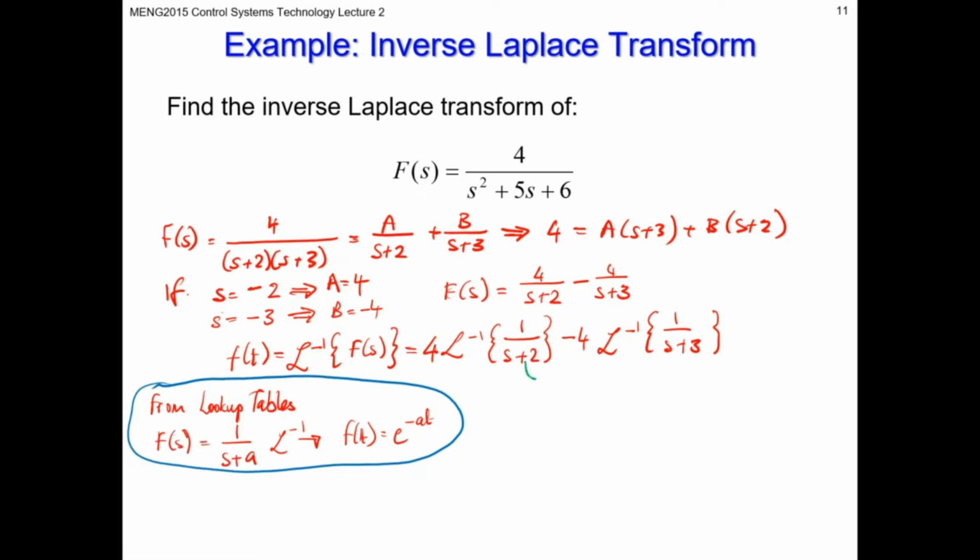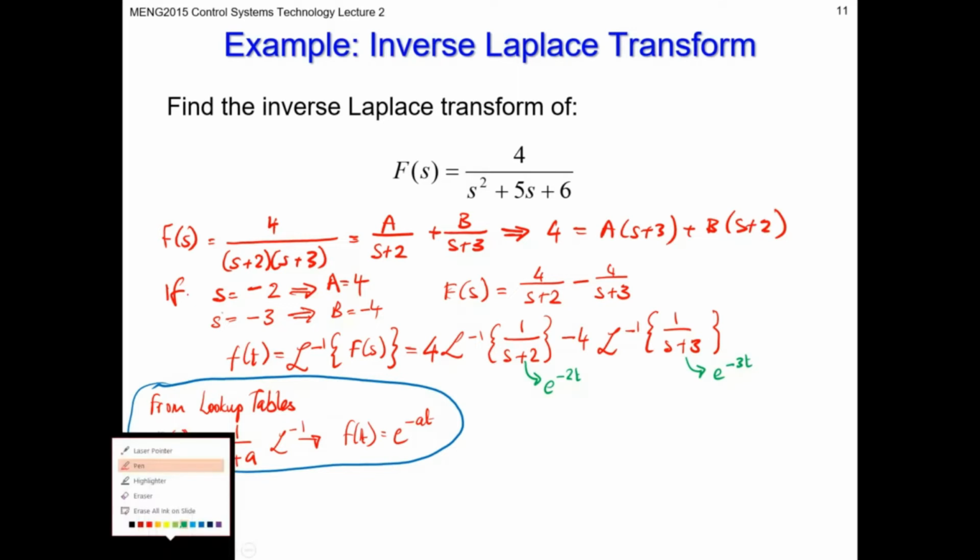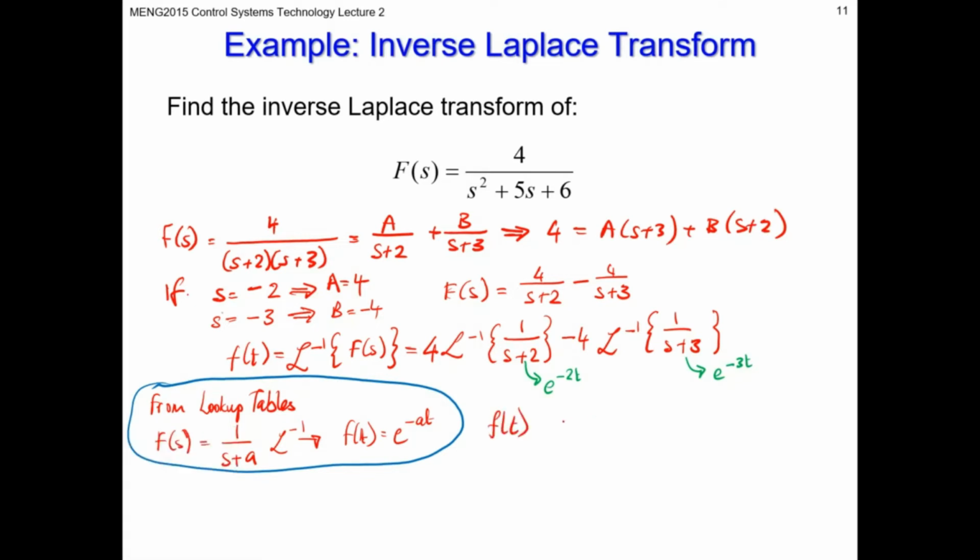I could use different colors for that too. E to the minus 2t, e to the minus 3t. Therefore, our output function f(t) equals 4 e to the minus 2t. Don't forget we have this constant 4 here. We have a constant minus 4 here.